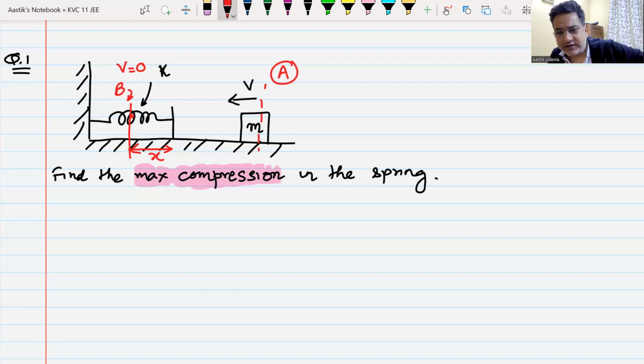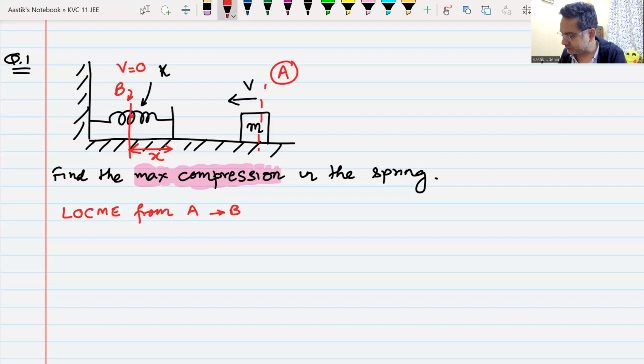The only thing that is doing any work is the spring force. Yes or no? And that is a conservative force. So I can apply LOCME, the law of conservation of mechanical energy, from the initial point A to the final point B.